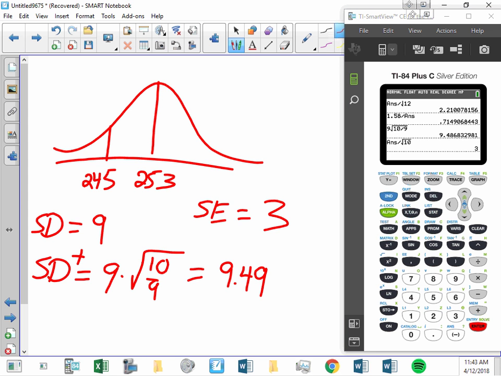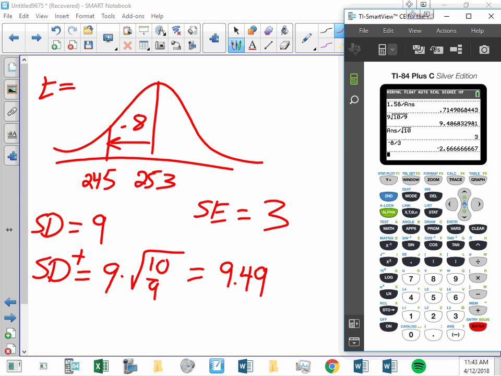Okay, now I need a t-score. What is my t-score? Well, that would be negative 8. So negative 8 divided by 3 gives me a t-score of negative 2.66.